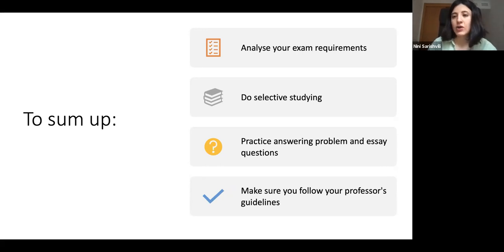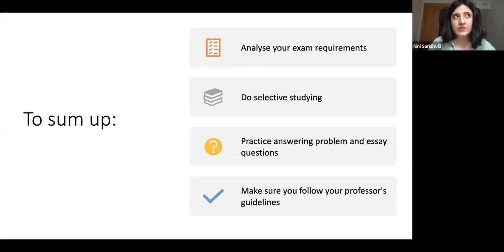And fourthly, grading is subjective, so make sure that you know what your professor requires from you, the style that your professor wants you to write. The best way to do this is to draft answers to problem and essay questions from past exam papers, and email them to your professor to get some feedback.